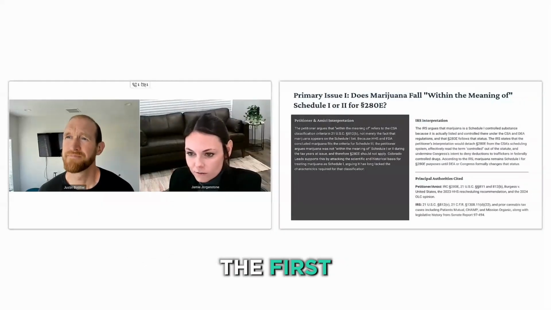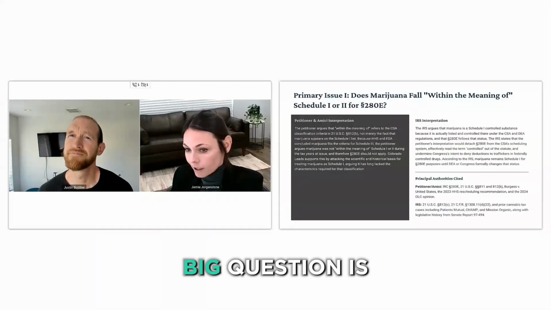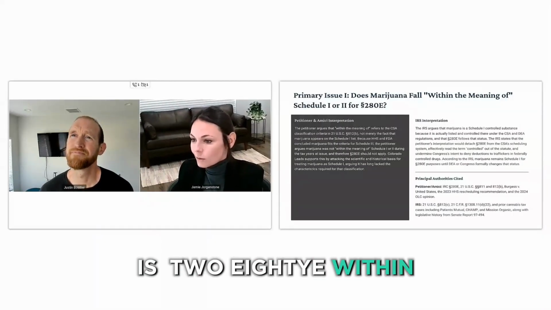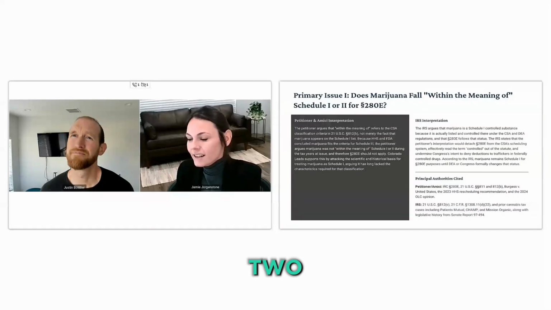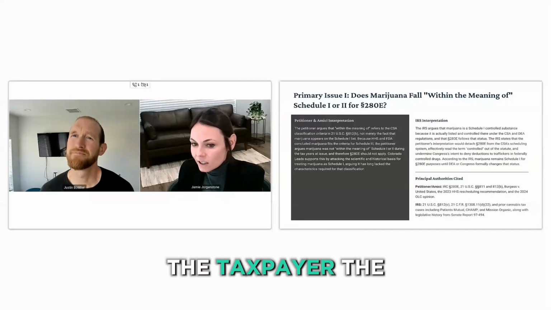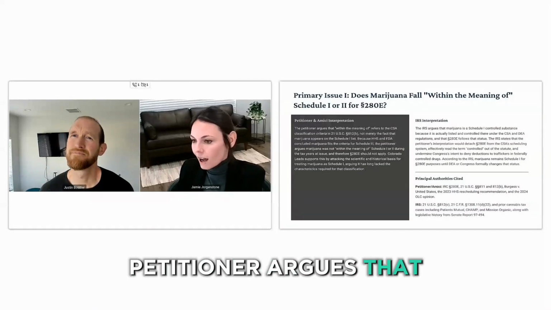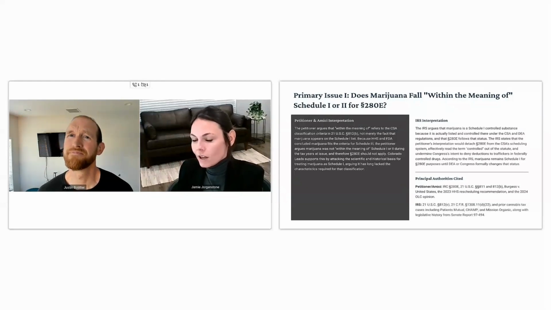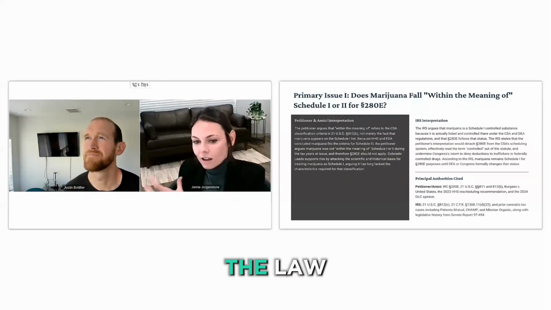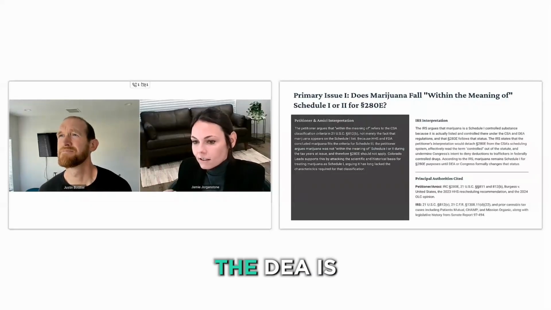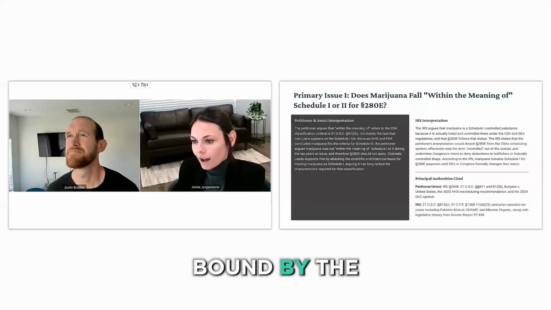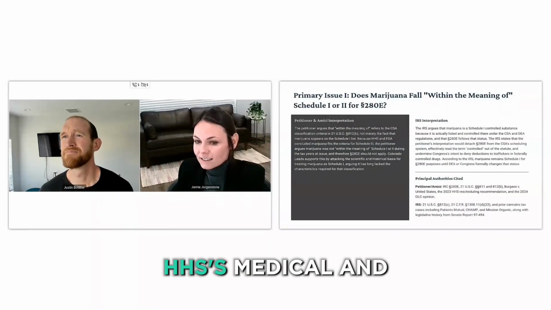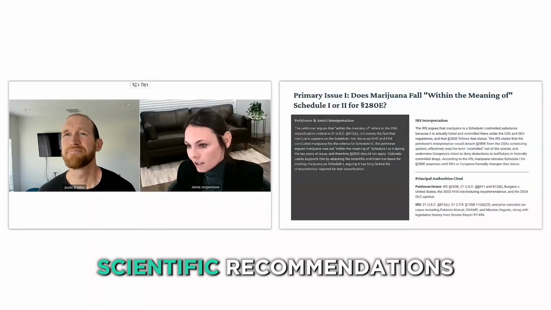As Justin mentioned, the big question is whether marijuana is within the meaning of Schedule 1 and 2 for 280E. The taxpayer, the petitioner, argues that no, it's not, because the HHS says it's not. If you read the law, the DEA is bound by the HHS's medical and scientific recommendations.